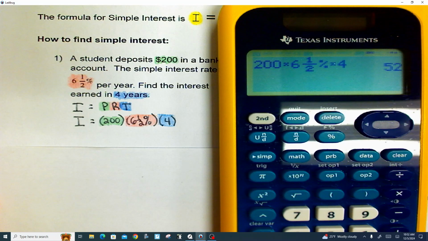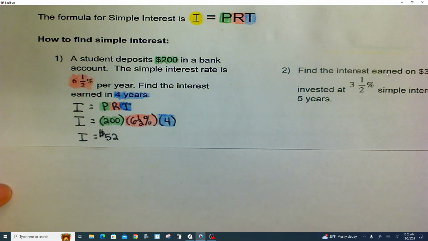This is how much interest the student has earned after 4 years. Now he still has his $200 right here, but the bank is going to give him an extra $52 on top of that. So your answer is $52, but this is a story problem, so we need to restate our answer just very clearly right here to the side.